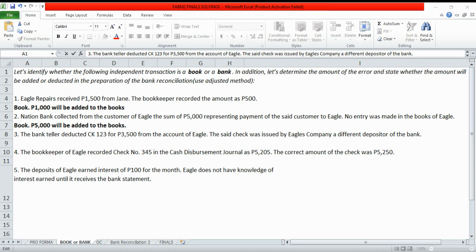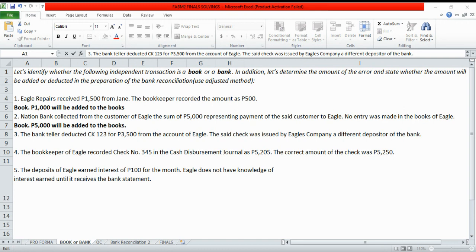So 3,500 will be added to the bank records. So the analysis is a deposit in transit: a deposit made but not yet credited to the depositor's bank account. The bank teller deducted the check from the account, so that's why in the bank that is added.